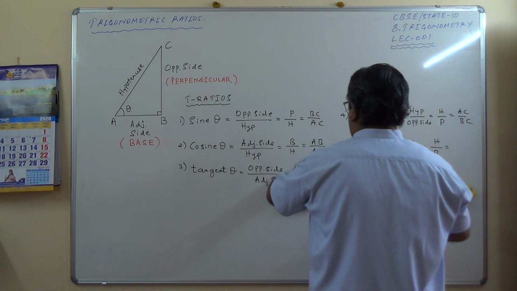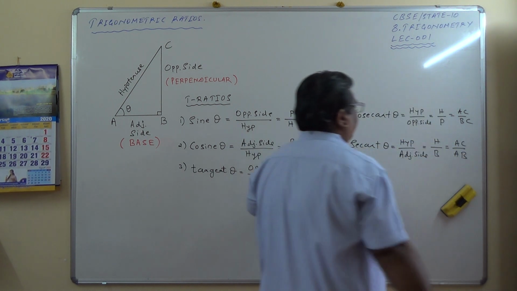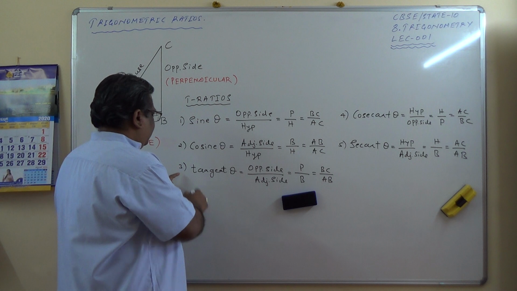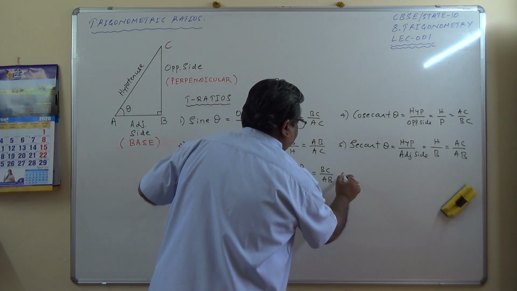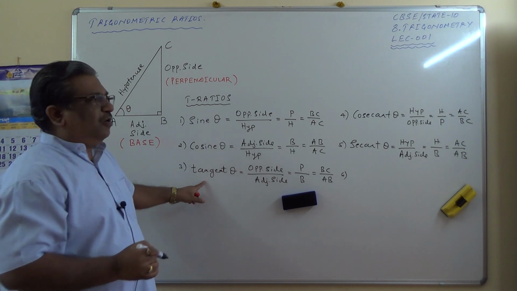Hypotenuse is AC by AB. AC by AB. Last one, sixth one, cotangent.